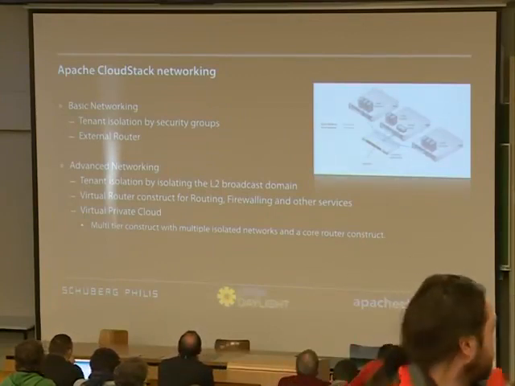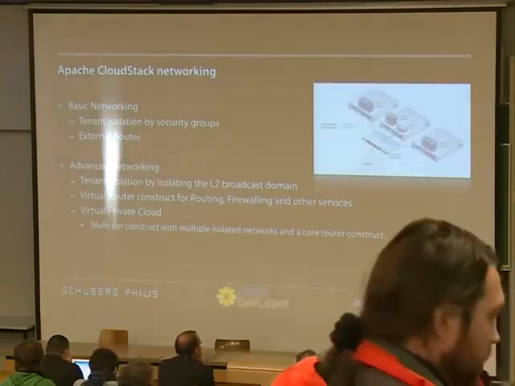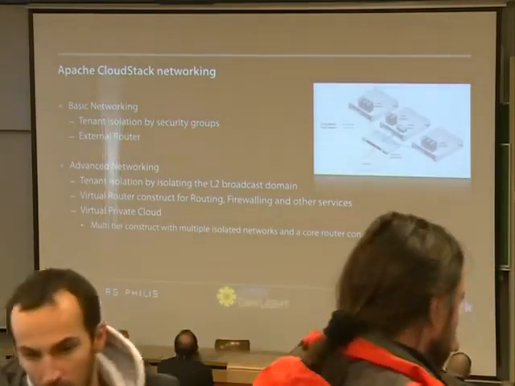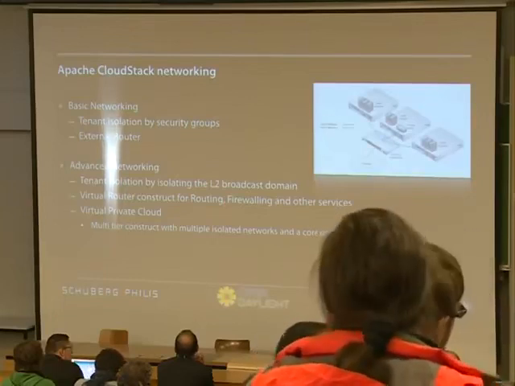Then there's the advanced networking. It's actually, well, not even as advanced, but that's how it's called at the moment. But the advanced networking, the difference here is that it is layer 2 separation. So you get your own private broadcast domain.